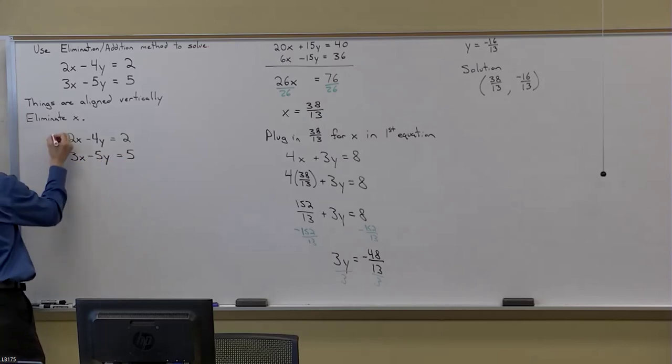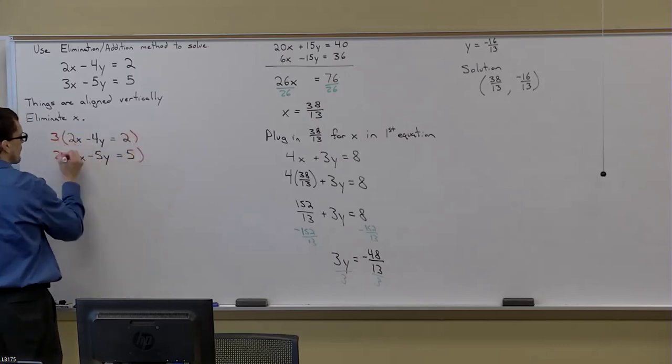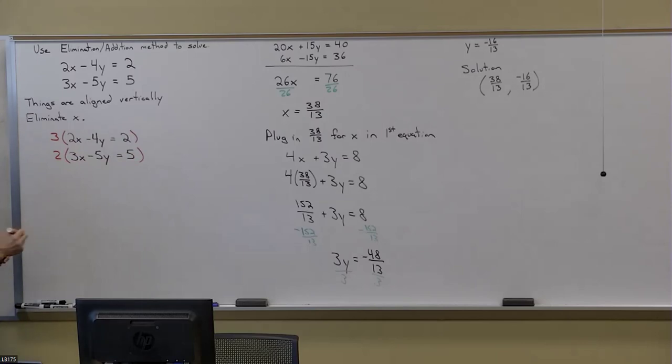And I have to change one of the signs. So both of these were positive. Therefore, I need to change one into a negative. It doesn't matter which, so I'll just use -2. Right?